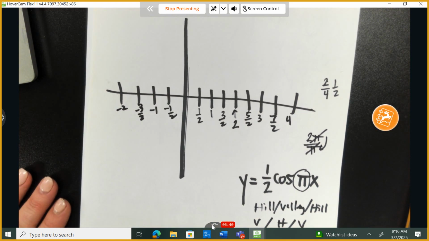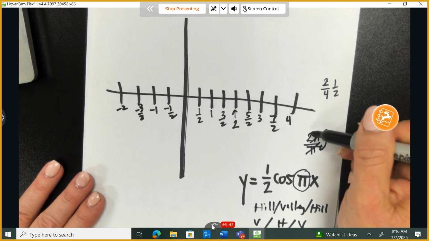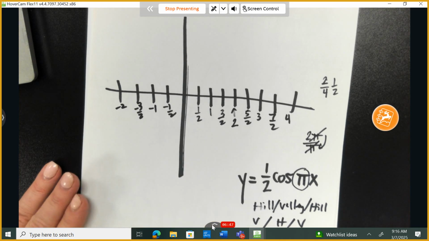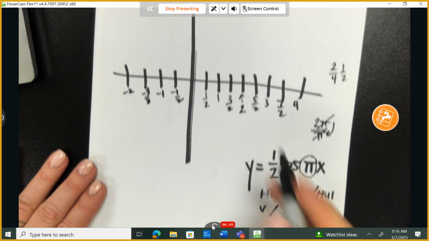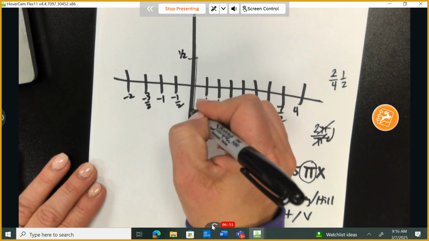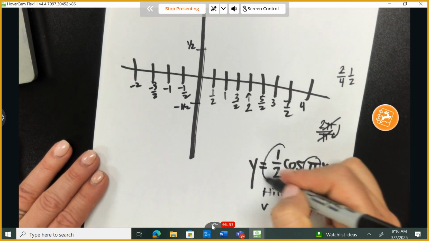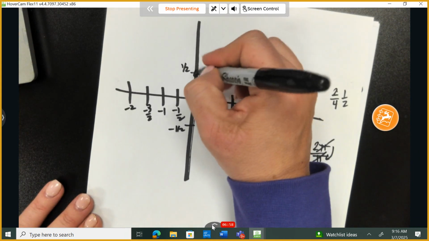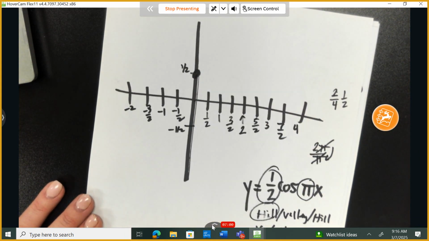Okay, so I've got everything numbered. Remember, there's no pi because the pi's were simplified or eliminated. I've done the x scales to achieve all the steps. Now, I'm going to let this go up as high as 1/2 and as low as -1/2. Because this number is positive, we start high first. So it's going to start right up here. Cosine does not start at 0.